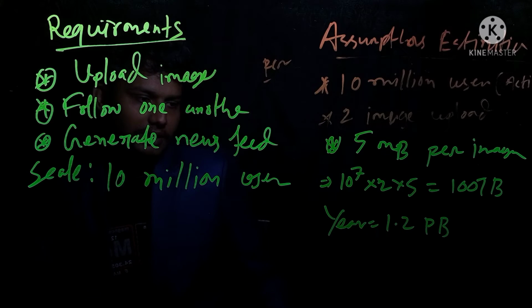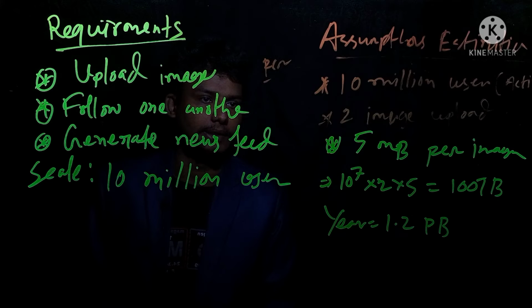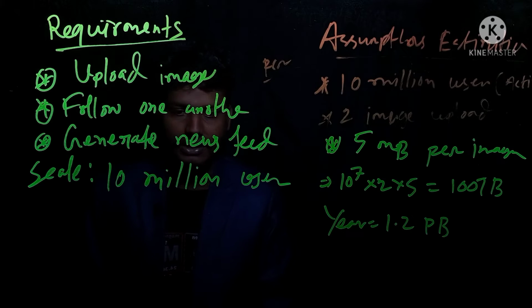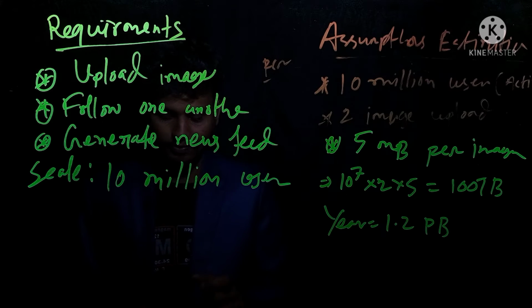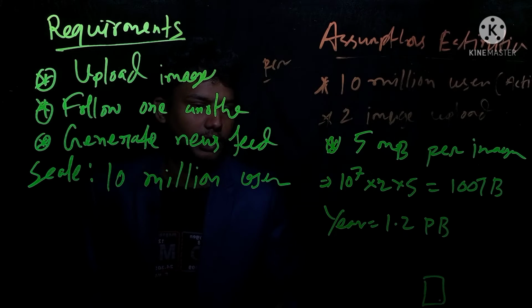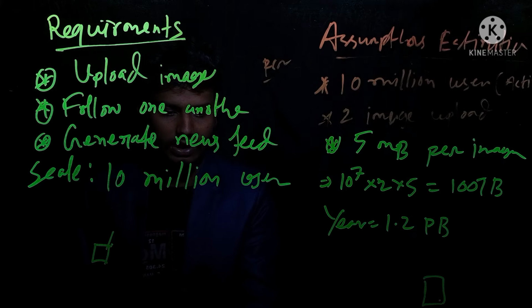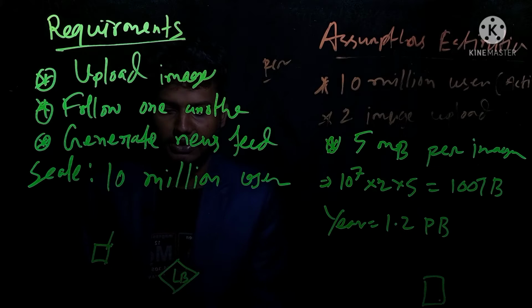So let's design a simple Instagram architecture. What we will have is a data storage here, and we will have some users. Suppose this is our user, and of course we will have a load balancer. LB means load balancer.